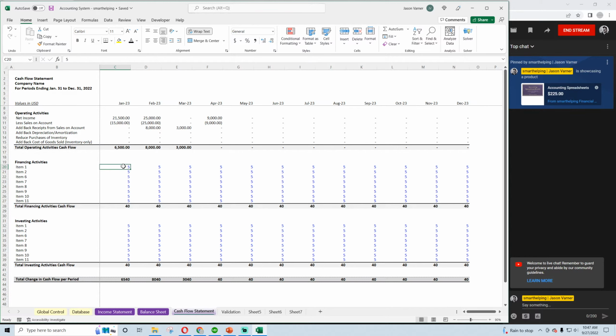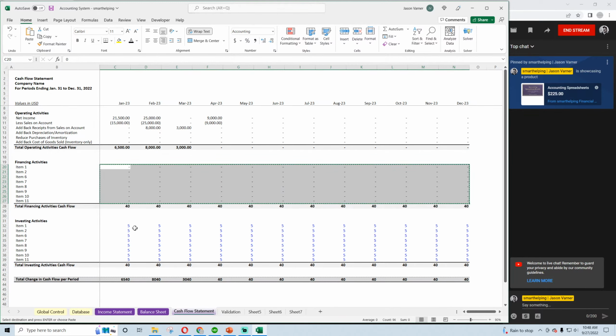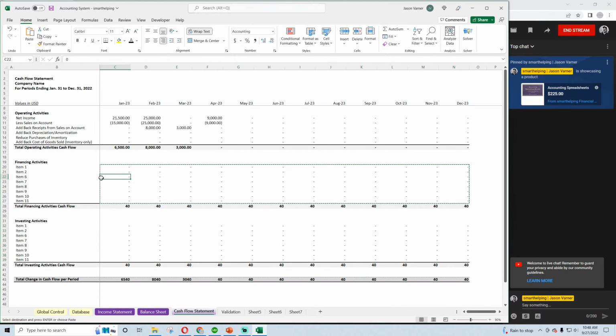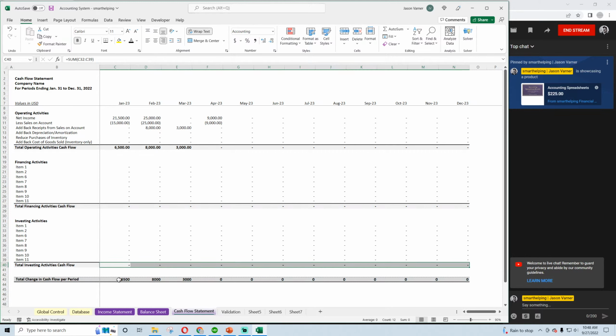Okay, and then I haven't done anything with any of this stuff yet. We'll have to do account entries for CapEx, debt, all that stuff will have its own entries. So finance activities, invested activities, these are just summed up. Then let's see if we balance based on the current entries that exist.